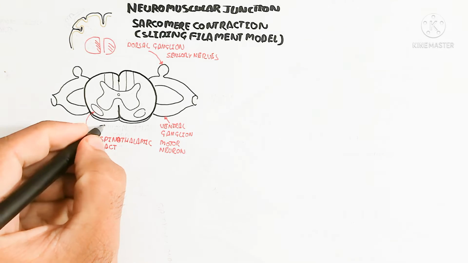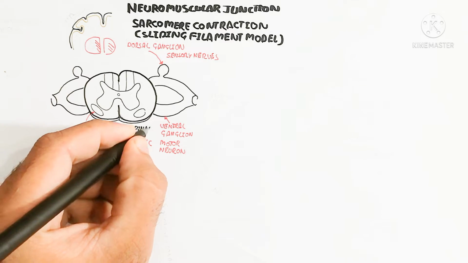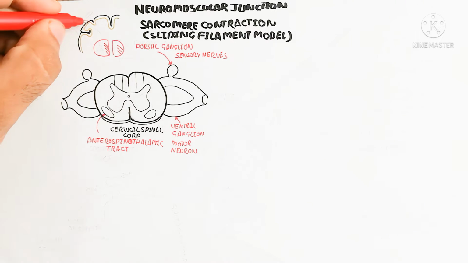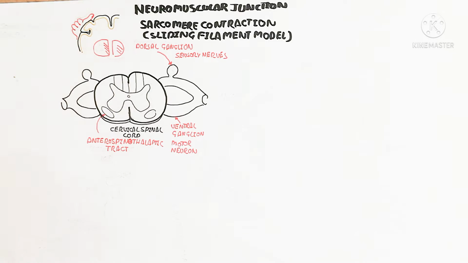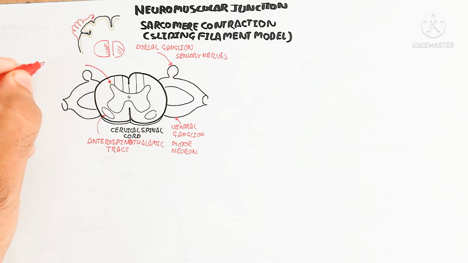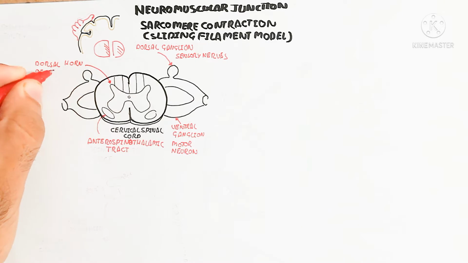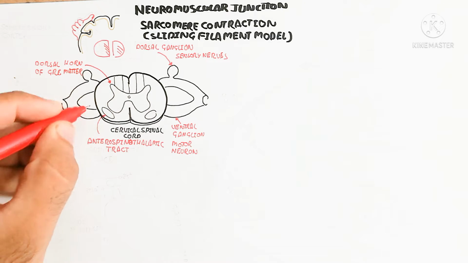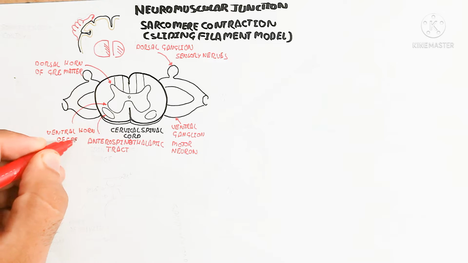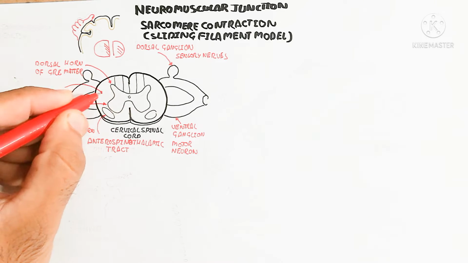It contains a motor neuron. Here is the anterospinothalamic tract, which we will also discuss for the motor neuron. The sensory neuron will sense the stimulus, while the motor neuron will give a response in the form of efferent nerve.